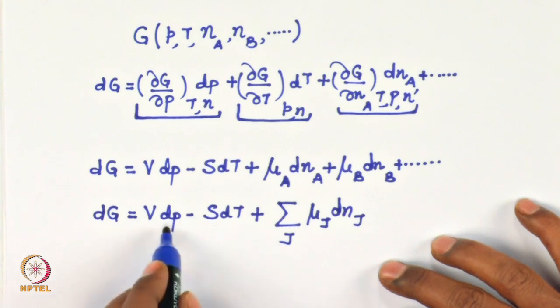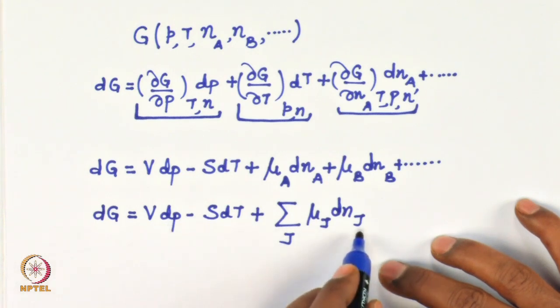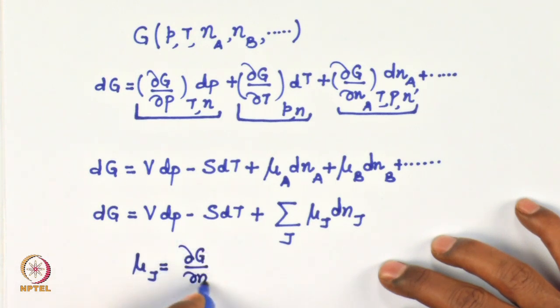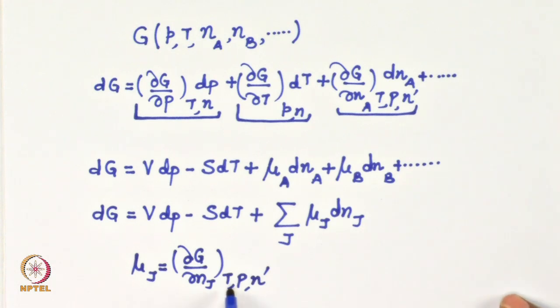If the temperature and pressure are fixed and composition of everything else is fixed, then from this expression I get mu J is equal to the partial derivative of G with respect to nJ at constant temperature, pressure and n prime. When you fix the temperature, this term disappears. When you fix the pressure, this term disappears. When you fix the composition of everything else, then all those terms will disappear except the one corresponding to the species J.